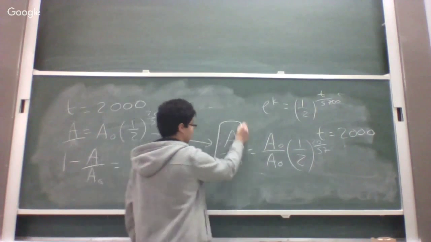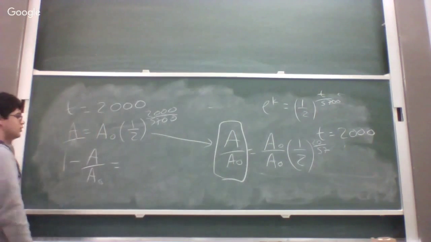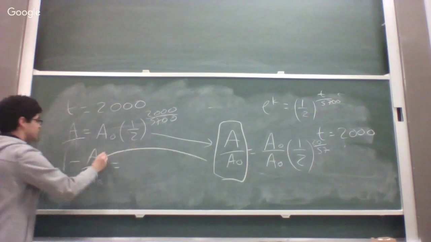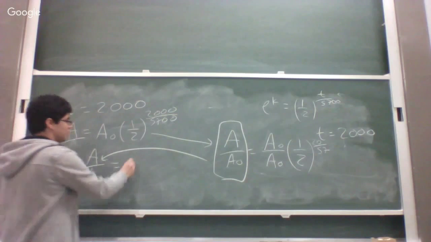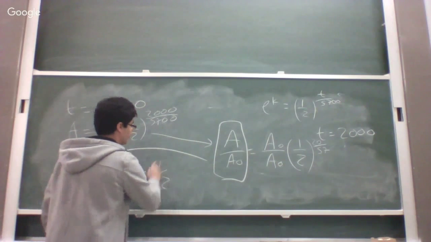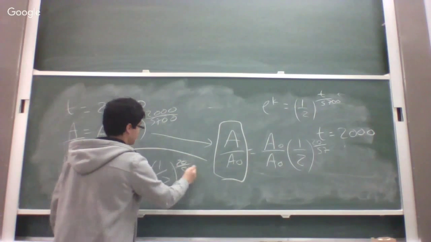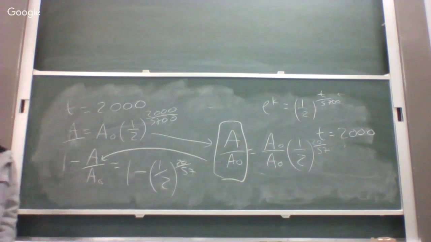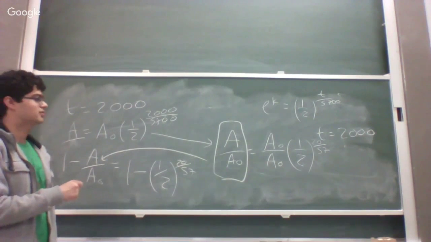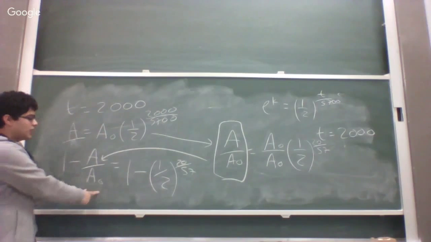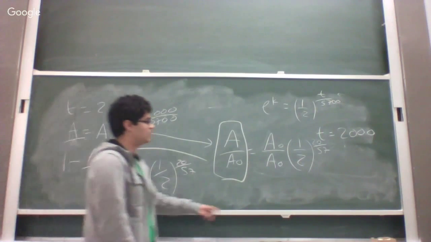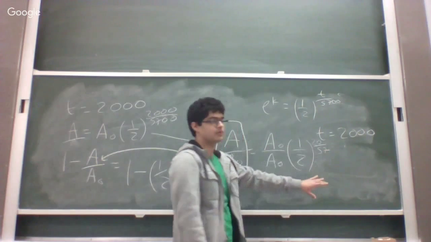Because we want A over A0, we plug that in here, and our answer of how much is disintegrated is 1 minus 1/2 to the 20 over 57. Now, if they wanted how much is left, what would our answer be? A over A0 would be our answer, which would just be 1/2 to the 20 over 57.